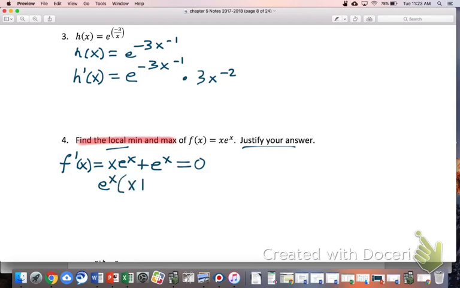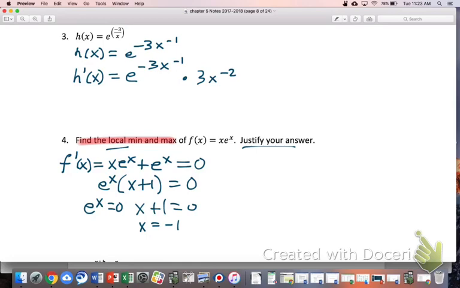We'd be left with x plus 1, and it still equals 0. And maybe you remember from Algebra 1, Algebra 2, whenever there's a product equal to 0, you can set each of the factors equal to 0 and solve. So we get e to the x equals 0, or x plus 1 equals 0. The one on the right, pretty obvious, x equals negative 1. For what value of x does e to the x equal 0?